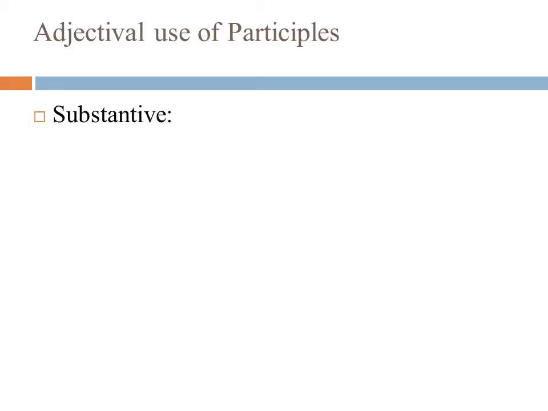There are three types. We have substantive. And that means that the word is taking the place of a noun. And participles do this all the time. This is a very, very good use of a participle, to have a definite article and then a participle to become a noun.